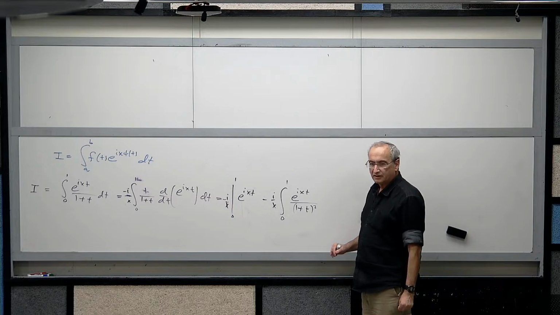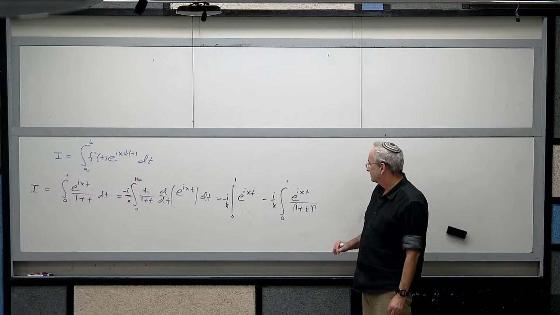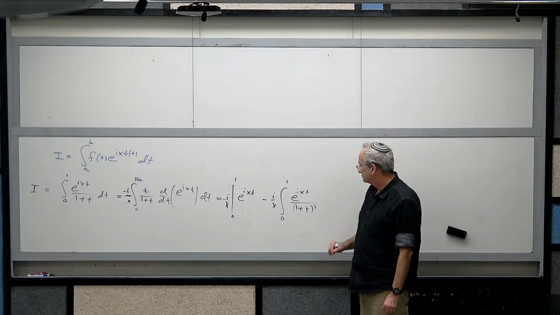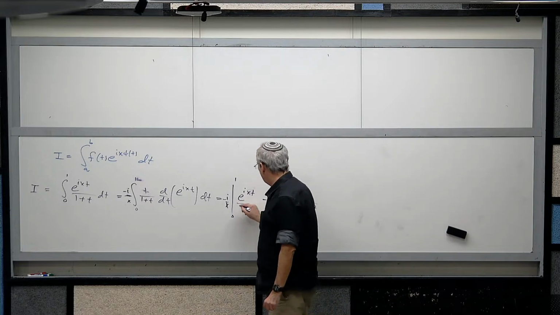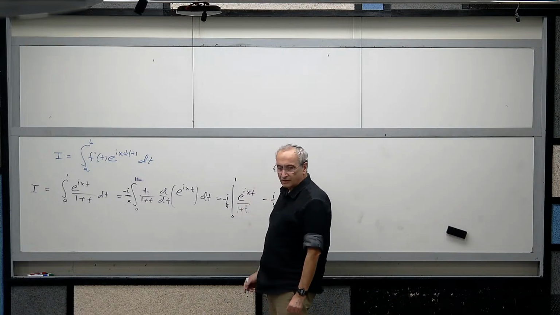If I'm making mistakes, please say so. Wait, the first term should also be divided by 1 plus t. Sure, 1 plus 2. Yes, I just forgot.